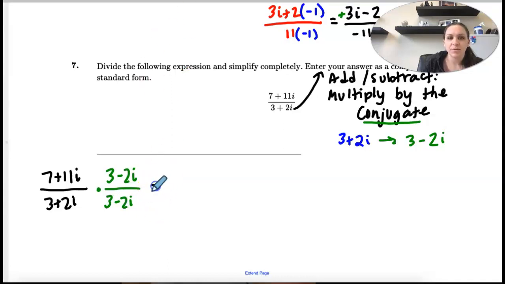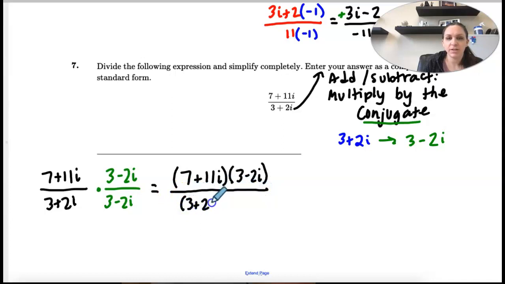So what we have is a fraction where the numerator is 7 plus 11i times 3 minus 2i, and our denominator is 3 plus 2i times 3 minus 2i.